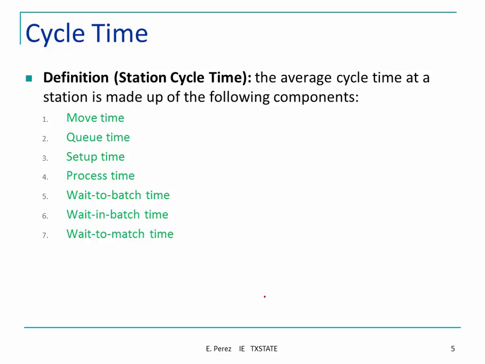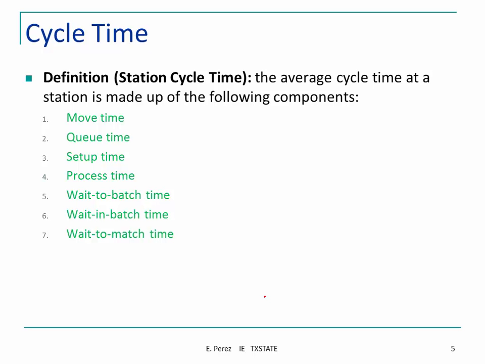So it includes the move time of those parts, the queue time, the setup of your machines, the process time, the time that the parts are waiting in batch, or waiting to complete a batch, and wait-to-match time.